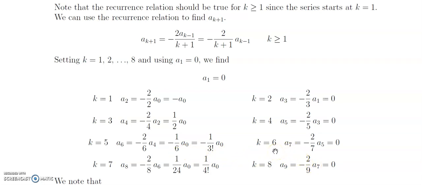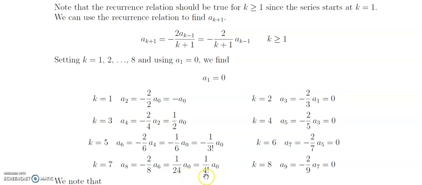Now, k equals 6 gives us a7 equals negative 2 over 7 times a5. a5 is 0, so a7 will be 0. Let's use k equals 7. We get a sub 8 equals negative 2 over 8 times a6. a6 is negative 1/6 times a0, so we get 1 over 24 times a0.